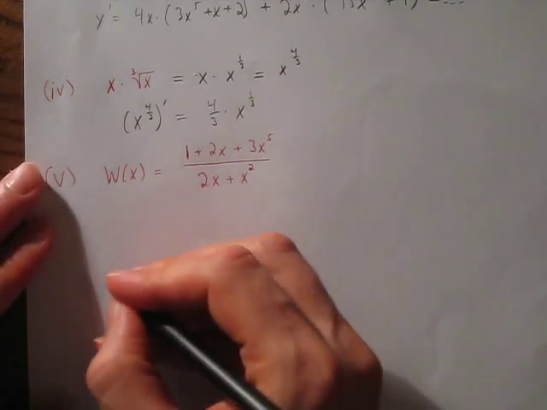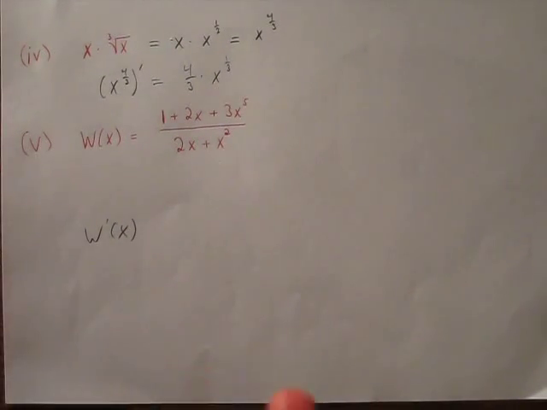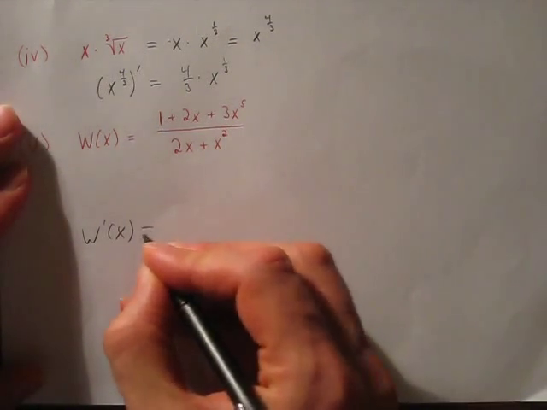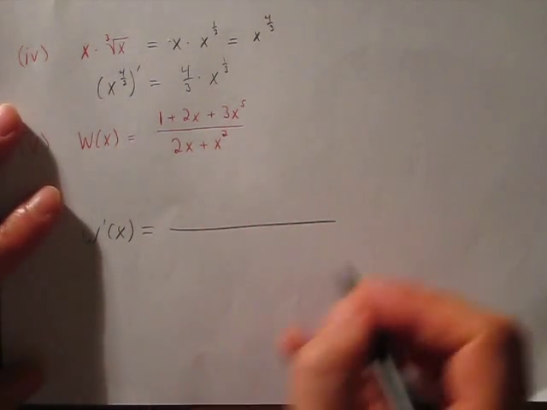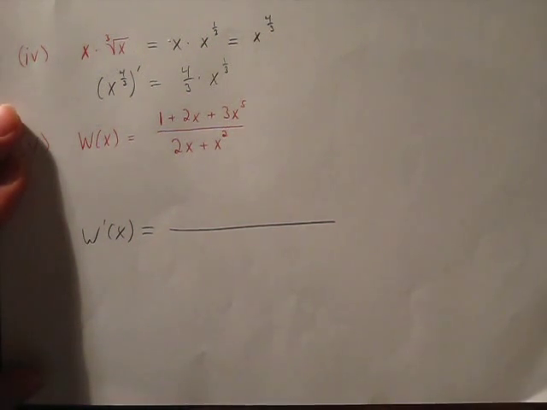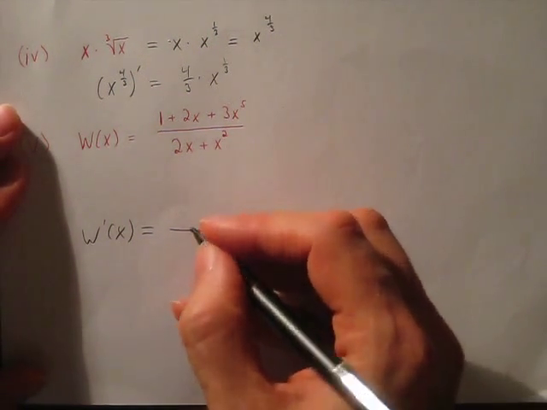Here you have a quotient, so you just use the quotient rule. Note that I begin the solution by saying w prime x is blah blah blah. I don't just write down this. This is a function. The derivative is a function, just like any other function.